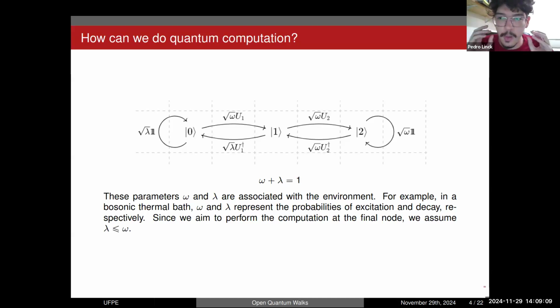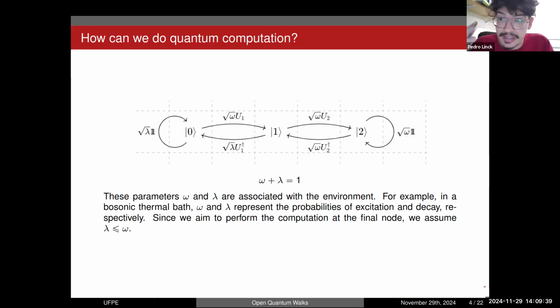So the computation is being realized on the last node here, for example. You have the composite U2 composed with U1 on the last node. So the result of a computation will be on your last node, okay? And so we have to estimate some things. For example, how much time do I have to wait to measure?